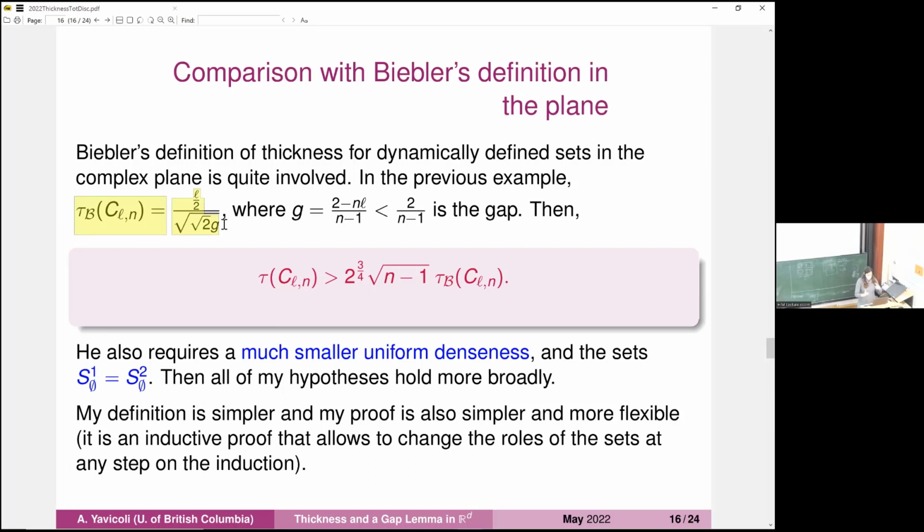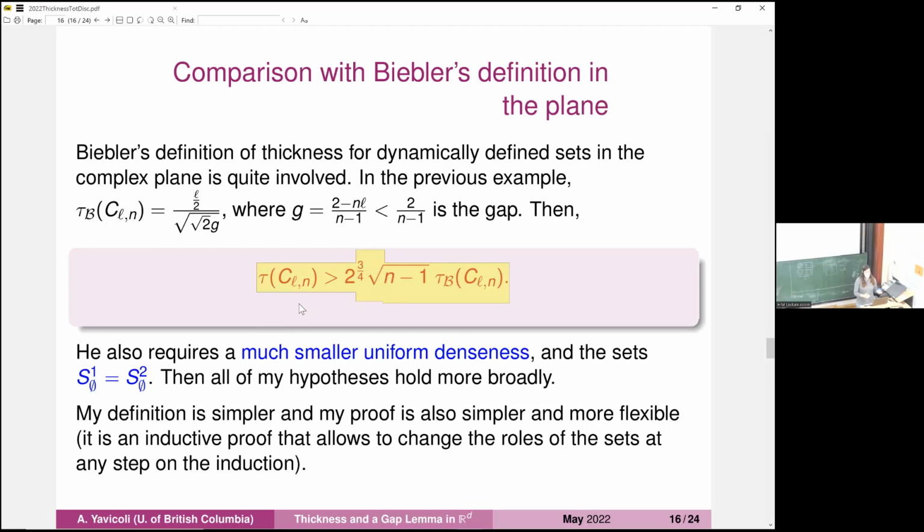So if you compare my thickness, that is this one here, with his thickness, that is this one, we have this inequality, at least for this family of sets. And okay, this is for every n. And when n is large enough, this is a very big constant.